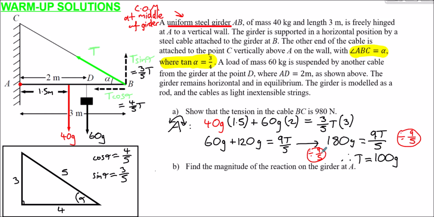Basically, divided by 9/5 is the same as times by 5/9. So 5/9 of 180, 1/9 of 180 is 20, so 5/9 is 100, so therefore 100g. Of course, we know that g to 1 decimal place is 9.8, so T is 100g, which means 100 multiplied by 9.8, which is 980 newtons as required.